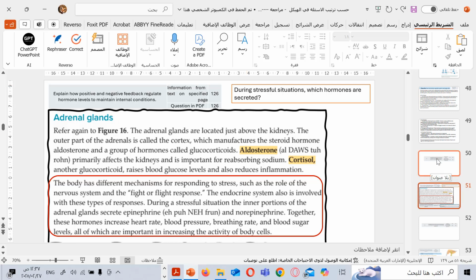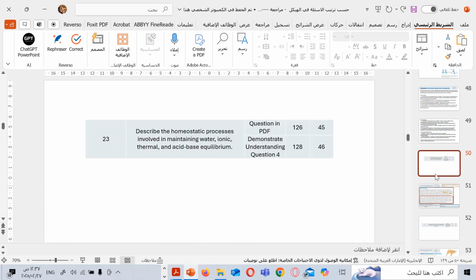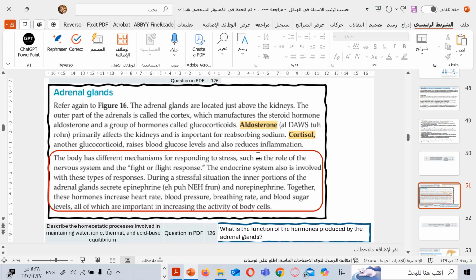This is slide number 25 for question number 23. This one asks about demonstrate 4. Demonstrate 4 means this one.